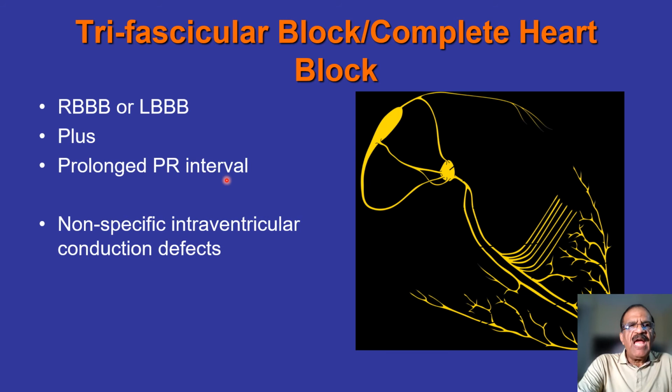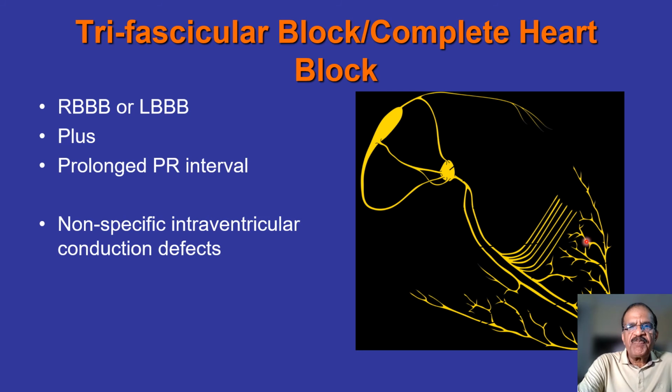Then finally, we have a complete trifascicular block, which is also a complete heart block. It is like we discussed complete heart block, but that was in the AV node. If we have complete heart block peripherally situated, like here, you have right bundle and left bundle, both are blocked, or right bundle and both fascicles are blocked, it would be called complete trifascicular block.